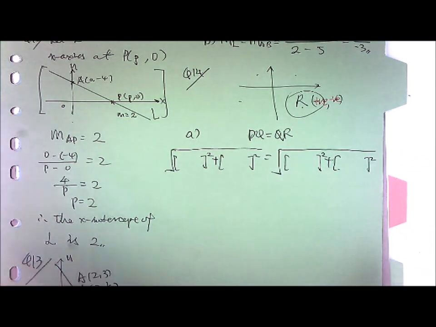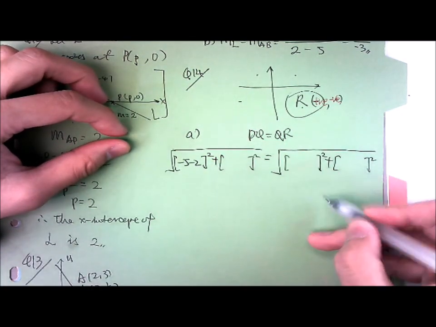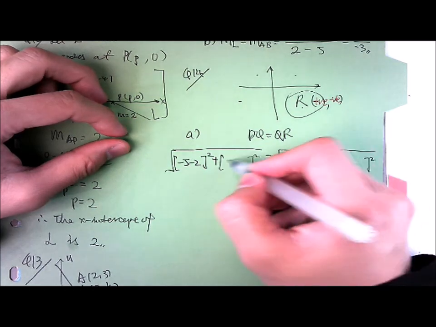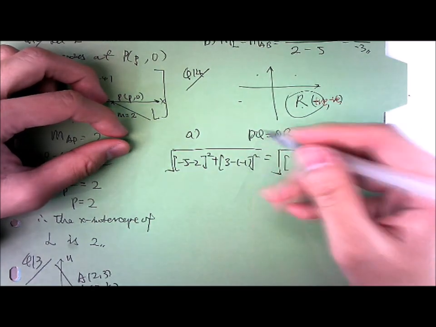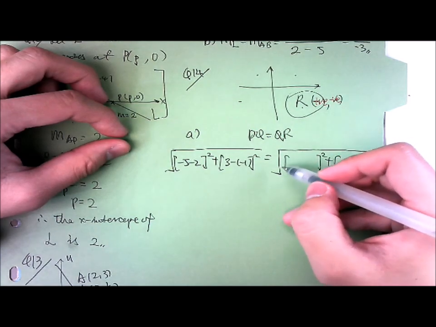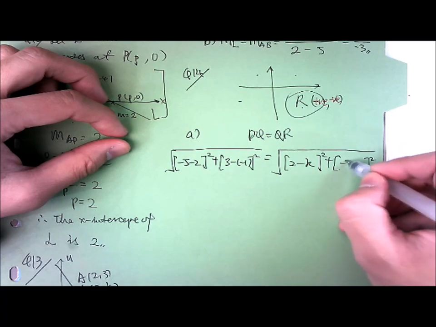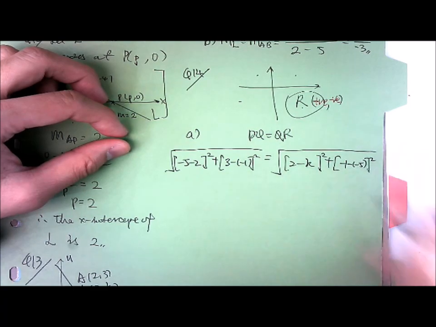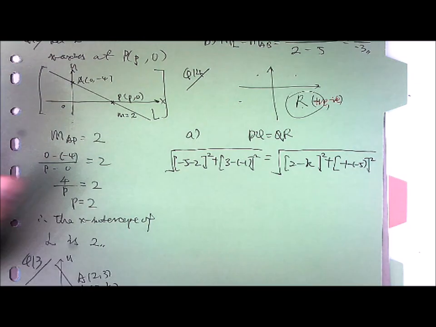So you write the 2 big square roots. PQ, just look at the coordinates: 5 minus 2, 3 minus 1, and then QR should be 2 minus k, and then minus 1 minus negative 5. So for the next step, we remove the square root.